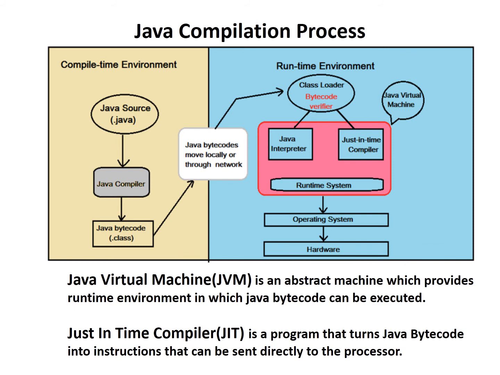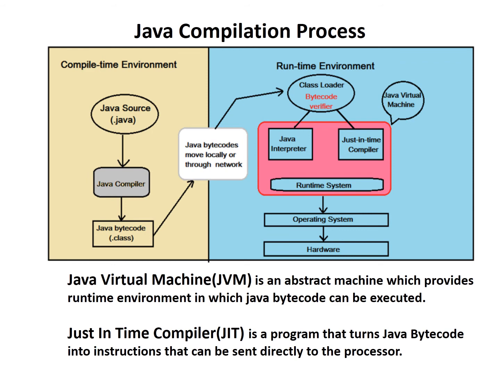Now when the Java compiler compiles the Java source program into Java bytecode, the Java bytecode moves locally or through the network to the computer on which it is to be executed.